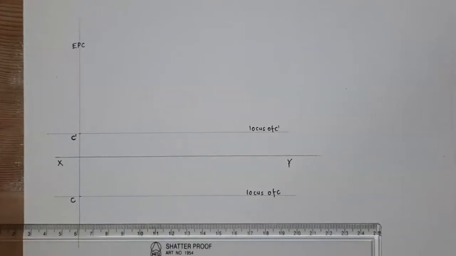Now, since both the data, 15 mm and 25 mm, have been used, we have to read further. The line makes an angle of 20 degrees with the HP. Since the problem states that the line is making 20 degrees with HP, it is the front view true length.